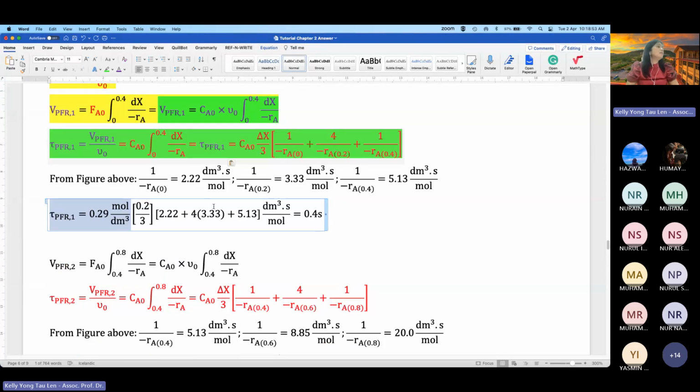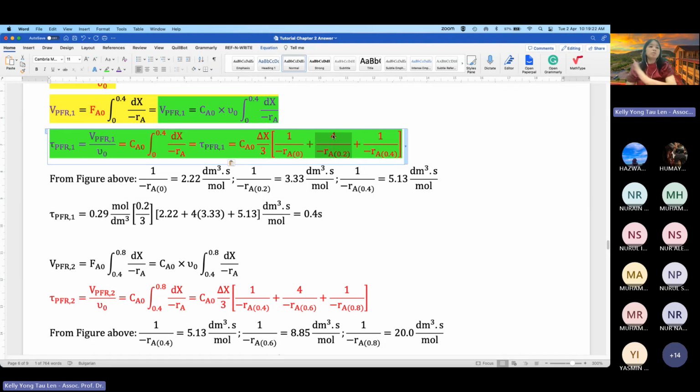In the formula, the first point is 1 per minus RA when my X is 0. The last point is 1 per minus RA when my X is 0.4. Therefore, the middle one will be 4 per minus RA at the middle X. Initial X is 0, final X is 0.4, middle X is 0.2, so it becomes 4 per minus RA at 0.2.